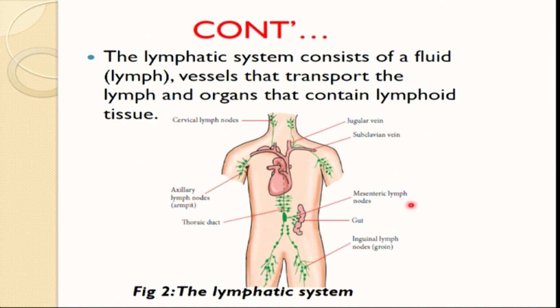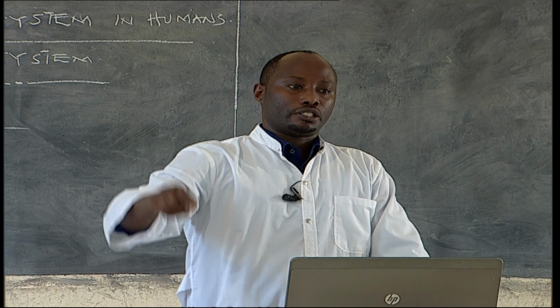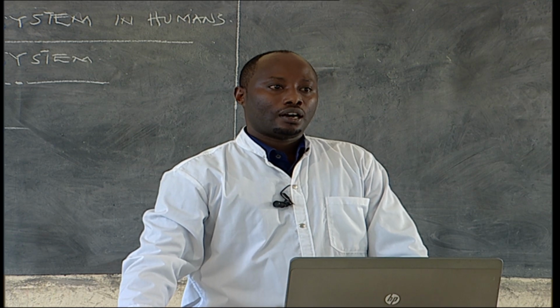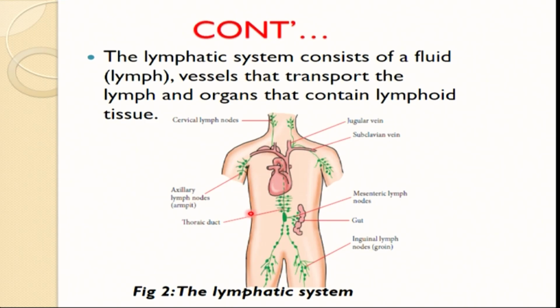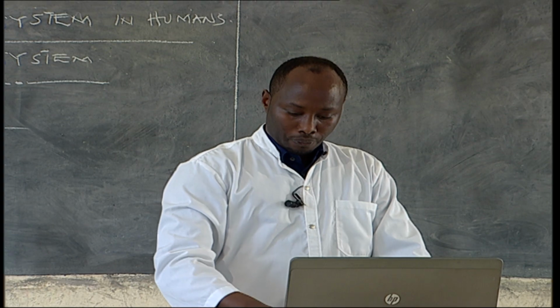We have mesenteric lymph nodes. We have the gut. We have inguinal lymph nodes. We have the thoracic duct, which also empties the lymph fluid back into the blood circulation. So all these are nodes responsible for filtering the lymph fluid before it is emptied back into the bloodstream.